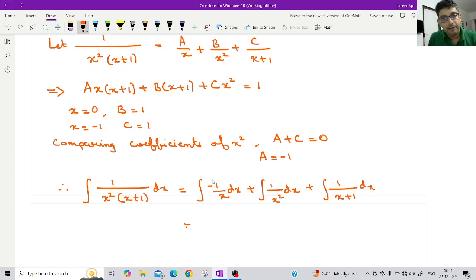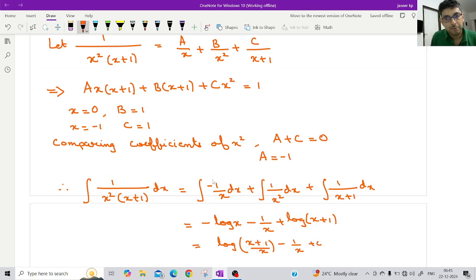Now integrating, integral of minus 1 by x is minus log x and 1 by x square is minus 1 by x, then plus log x plus 1. So that means this will become log x plus 1 by x minus 1 by x. So this is the integral for this one.